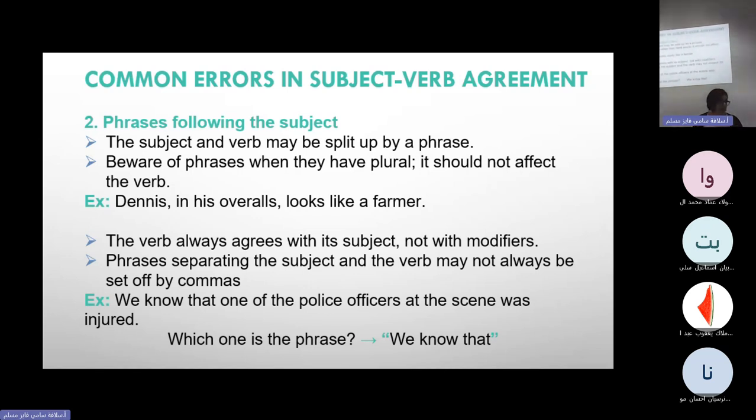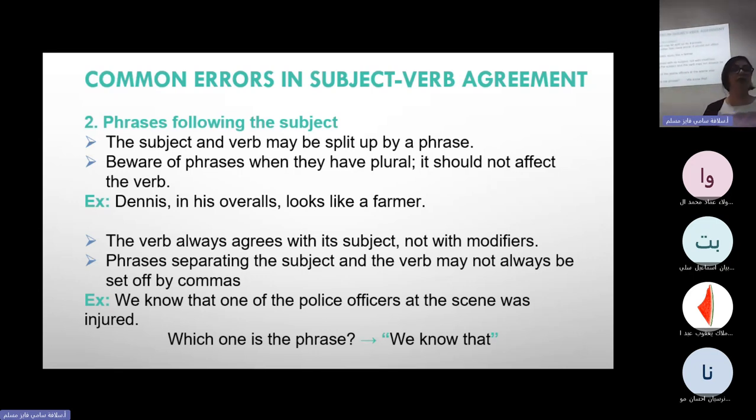It's a phrase. Okay? Why didn't we put a comma? Because it came at the beginning of the sentence. Usually when the interrupting phrase comes at the beginning of the sentence or at the end of the sentence, we don't use a comma. But if it comes in the middle between the subject and the verb, it always uses a comma.